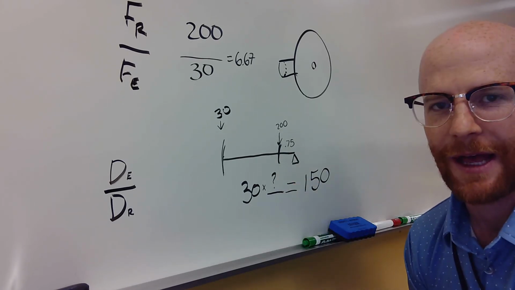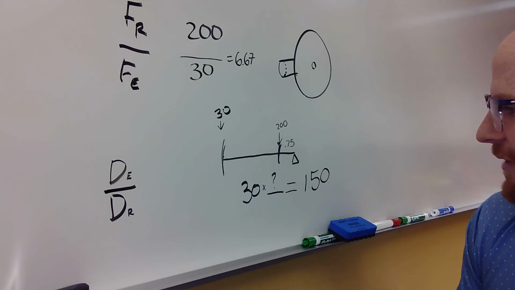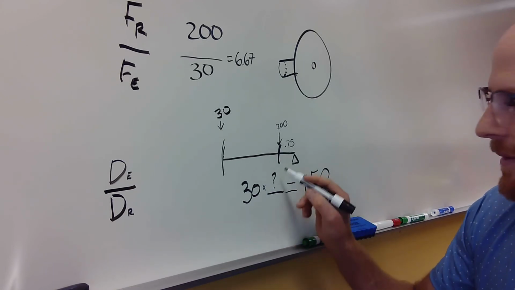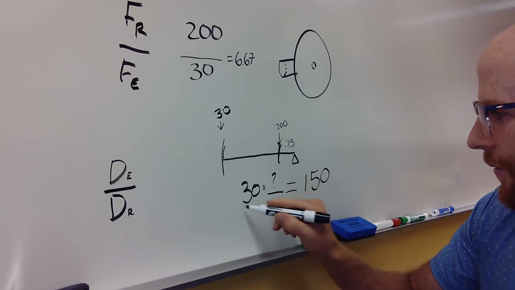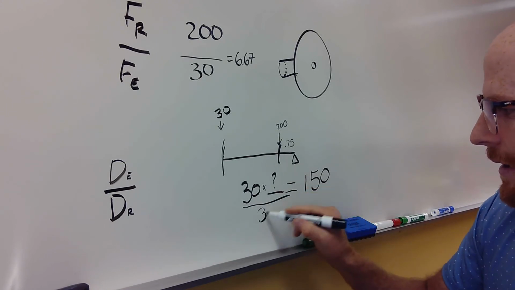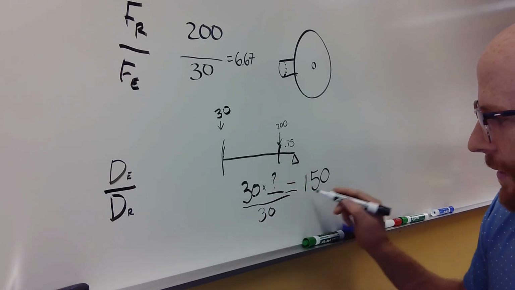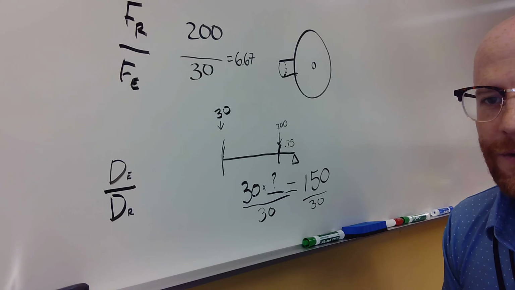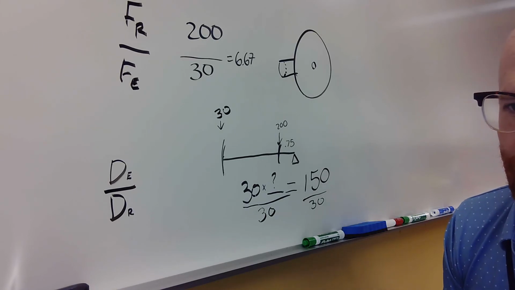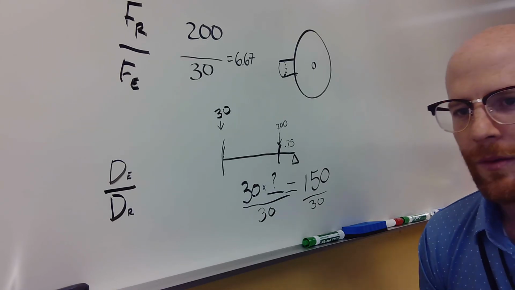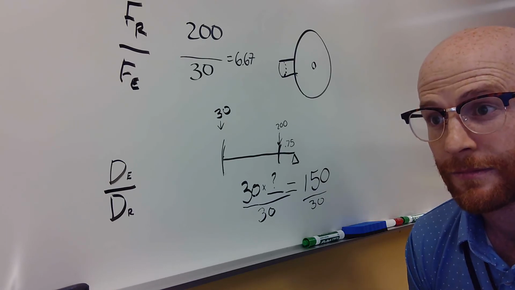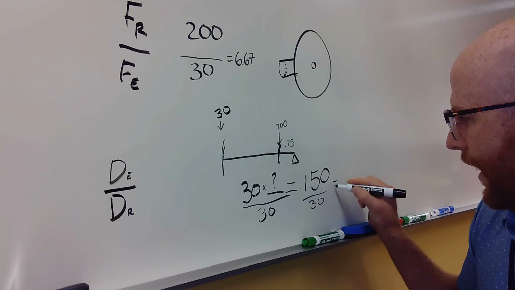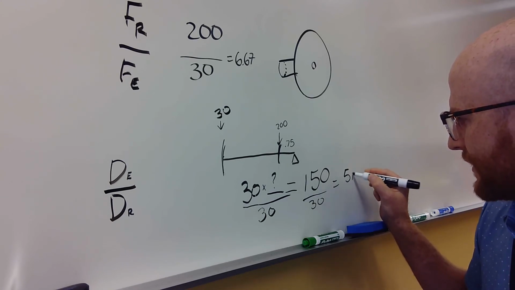We're doing a basic algebra problem: get x, or the question mark in this case, by itself, because I'm not a math teacher. 150 divided by 30 is 5.